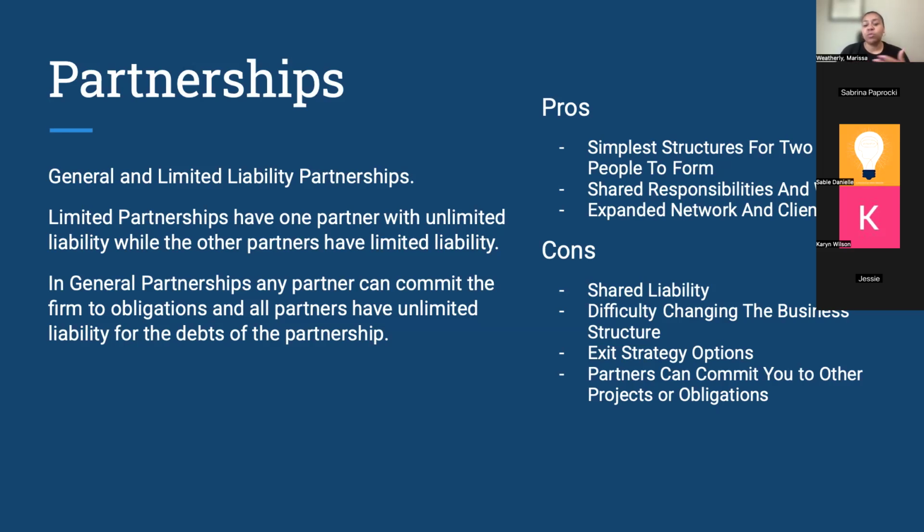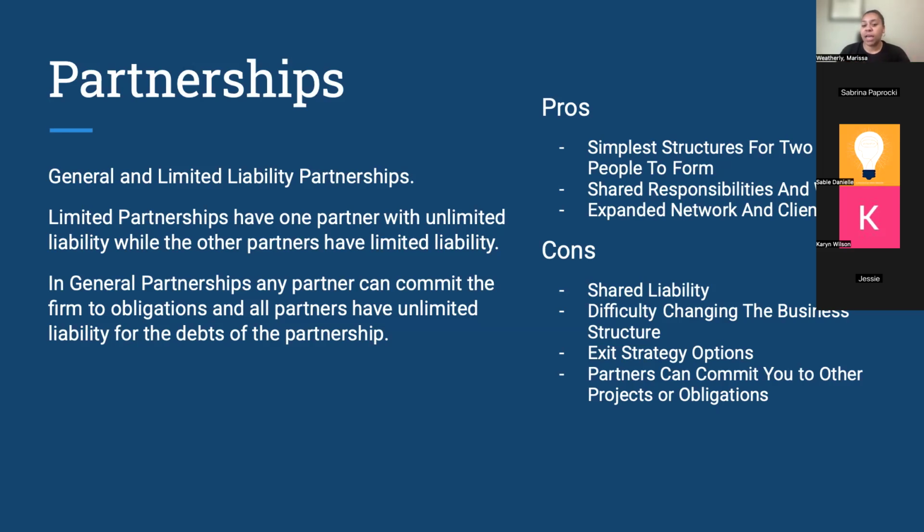The other thing too is when you have a partnership, it's more difficult to change the business structure. You can hop from one entity to another. Like, oh, I have a sole proprietorship, that's really not much, I can then go file for my LLC. But if I have a partnership, it's more difficult to do that because you have to agree with your partner on what's the next step. So it's 50-50.